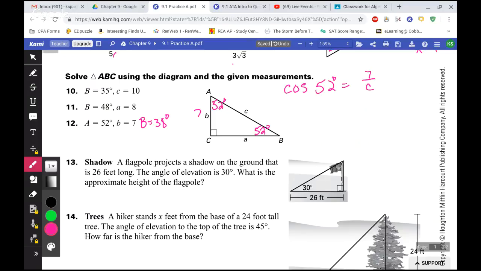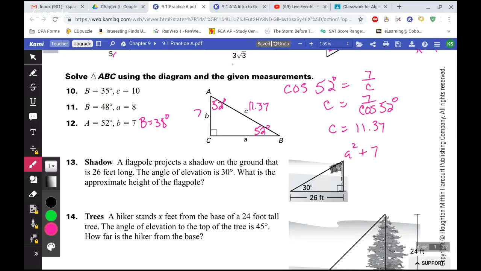So once again, we can do our little shortcut and just swap places with the variable and the trigonometric function. So we've got 7 divided by cosine 52, and we get 11.37 for the hypotenuse.